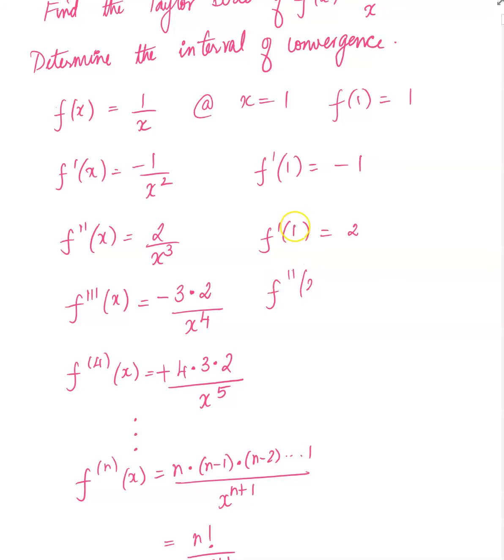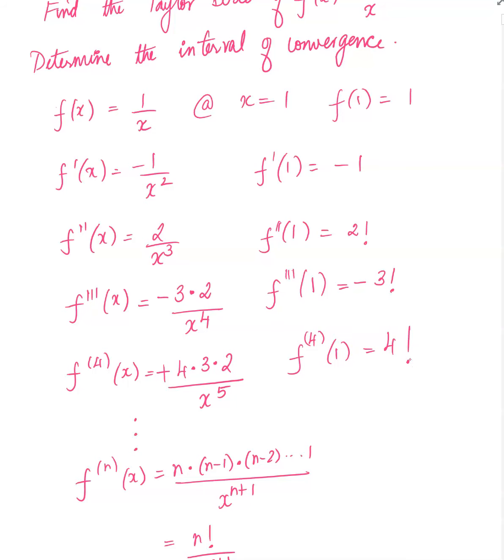F double prime of 1 is negative 3 times 2. So why not I put it as a factorial? Hold on. This is 2, and this is 3. It's positive 4 factorial.